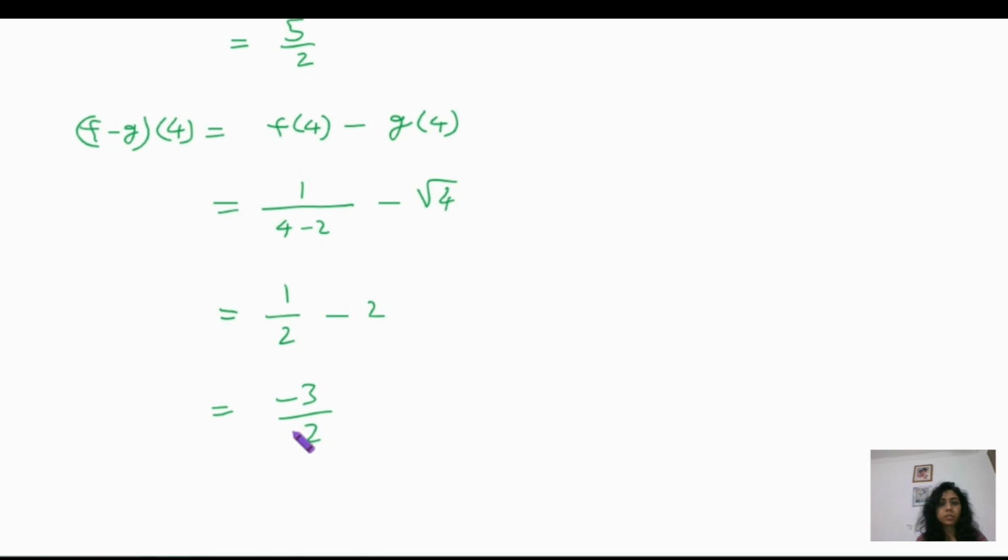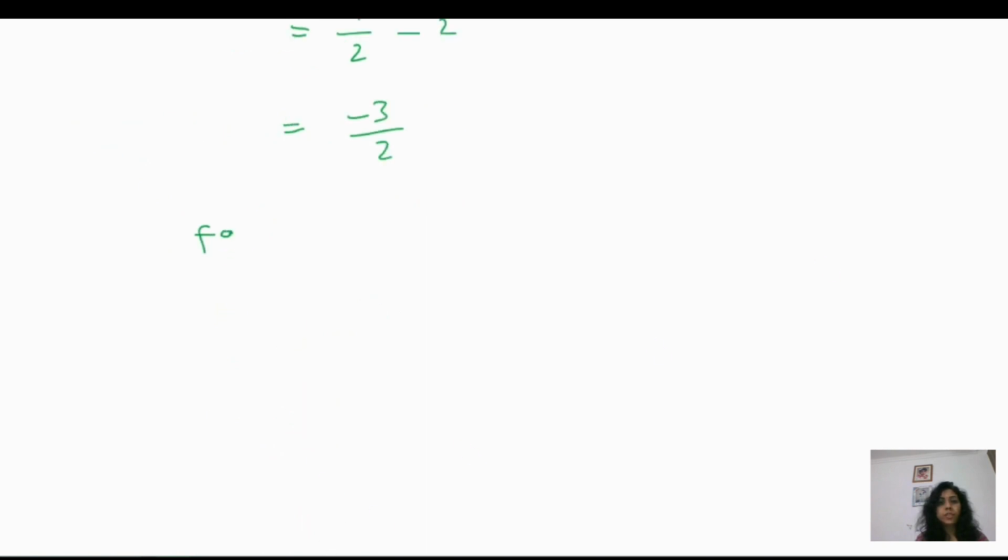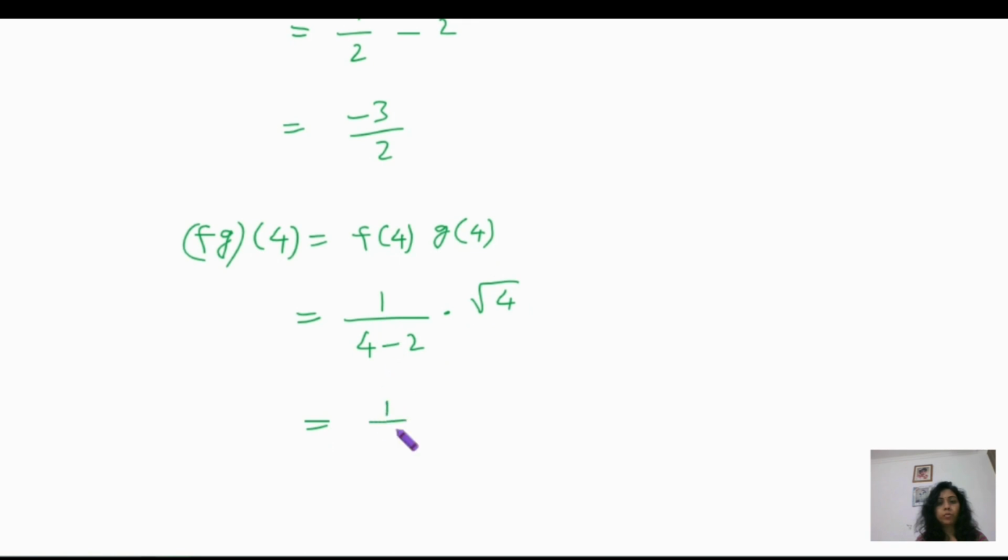This is the answer for this one. And now (fg)(4) equals f(4) multiply g(4). The f function is 1 upon x minus 2, so 4 minus 2, and here multiply square root x, it means square root 4. 1 upon 2, square root 4 is 2. 2 cancelled by 2, we get 1. Okay.